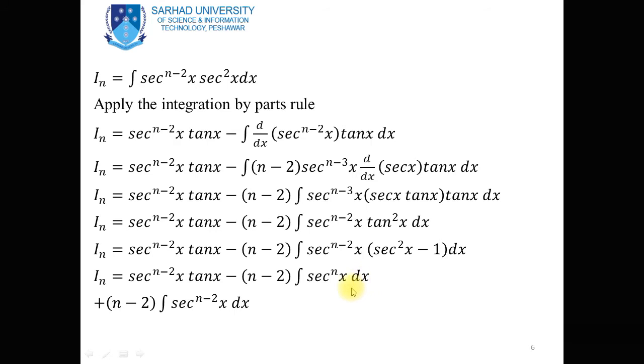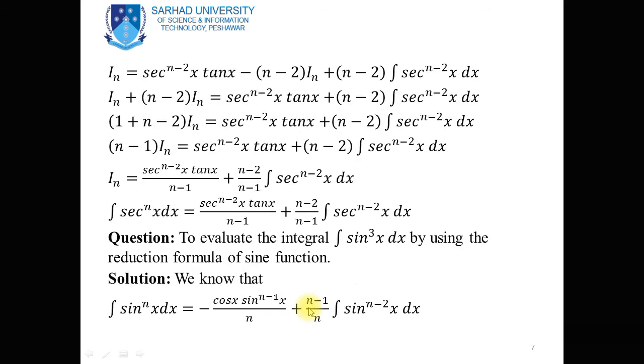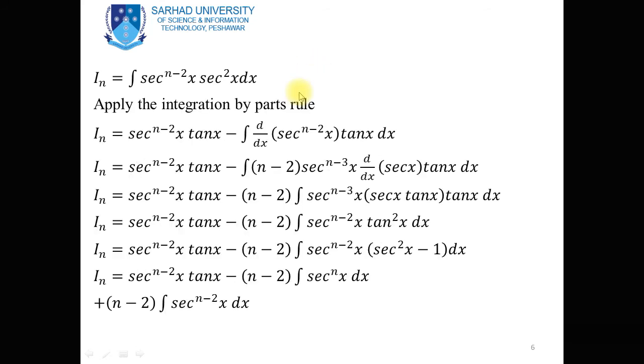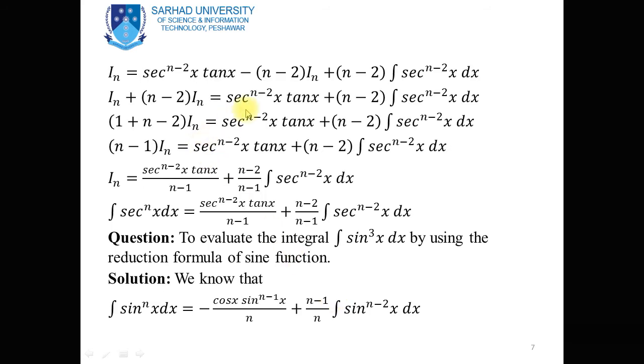Now this integral is In, equal to secant^(n-2) x into tangent x minus (n-2) In, because you see over here this term is actually In. So we put the integration of secant^n x with respect to x equal to In, so minus (n-2) into In plus (n-2) the integration of secant^(n-2) x dx.